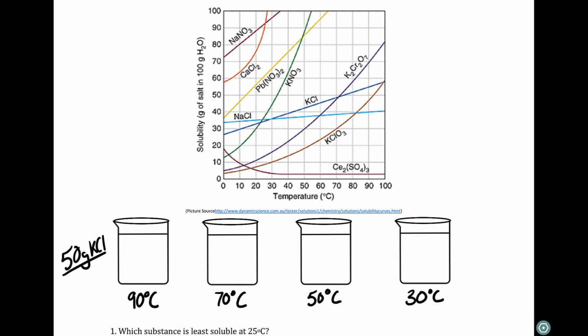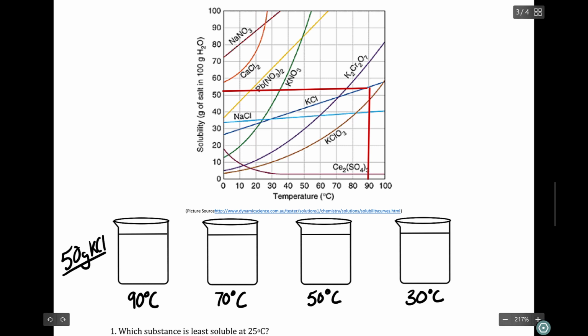So to see how much can dissolve, I will look at that line for KCl and do some interpolation on the graph. For instance, I'm going to go from 90 up and make a line across. I know it's rough there, but that's okay.